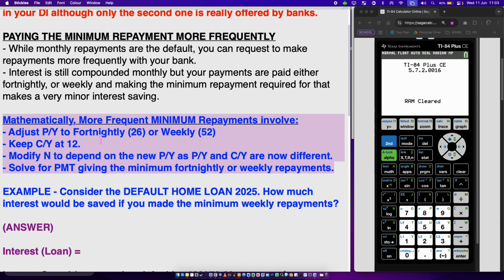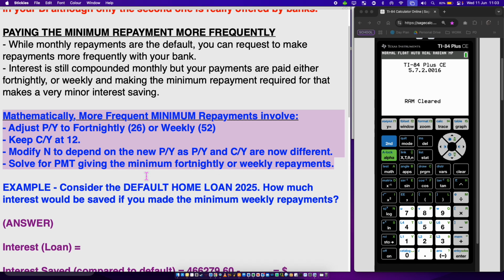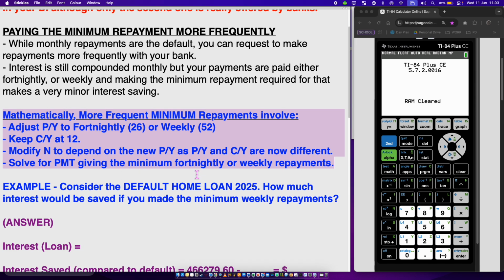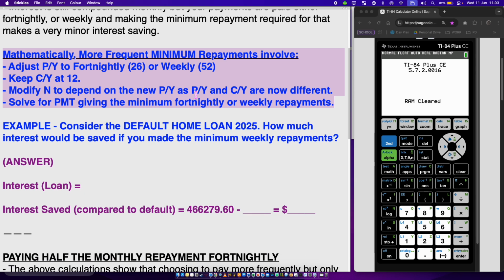It compounds monthly, even though your calculator wants them to be the same. And then you change N to depend on the new PY, as PY and CY are now different. Solve for PMT. So can you get the explanation of the maths and the example, and then we'll do one together.